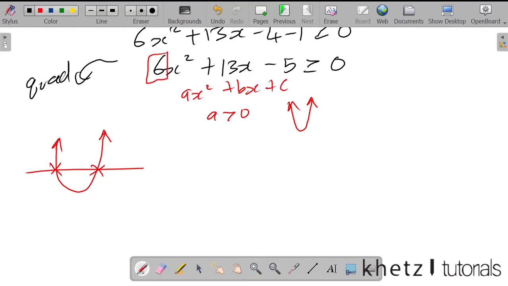Let's find those roots. Let's factorize this into its roots, and to do that we're going to find the following. So basically going to say that 6x squared subtract 2x plus 15x subtract 5. These are the factors of negative 5 multiplied by 6, which give us 13, which is 15 subtract 2 gives you 13. 15 multiplied by negative 2 gives you negative 30.